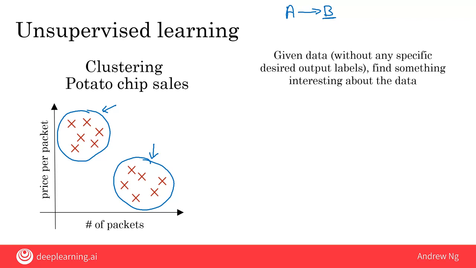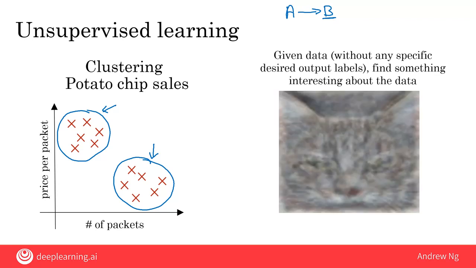One example of unsupervised learning that I had worked on was the slightly infamous Google Cat. In this project, I had my team run an unsupervised learning algorithm on a very large set of YouTube videos. And we asked the algorithm, tell us what you find in YouTube videos.